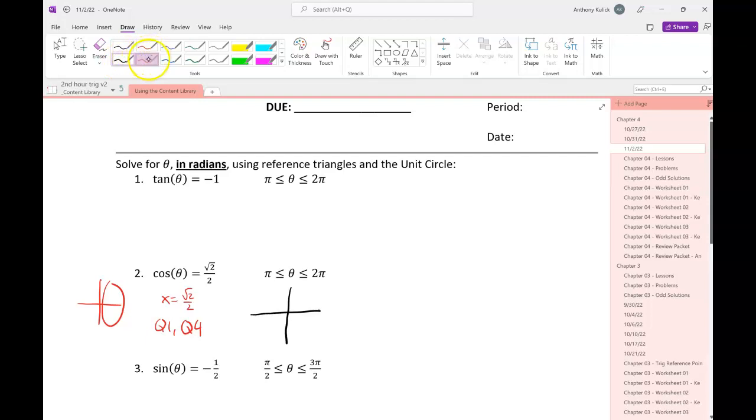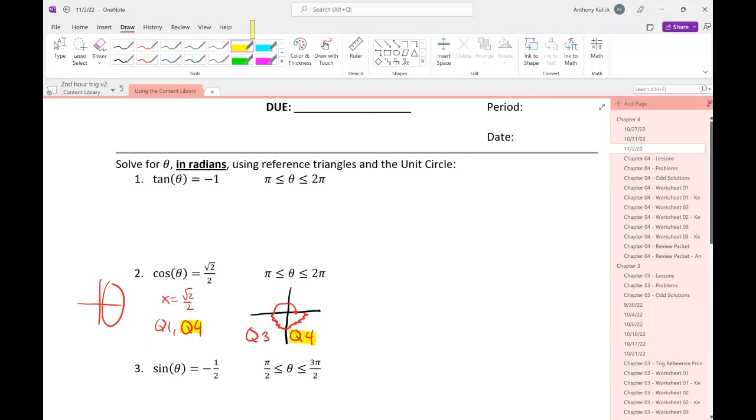Okay, let's look at the quadrants covered by pi to 2 pi. Starting from the positive x-axis and rotating counterclockwise, half, 1, 1.5, 2. So that covers quadrants 3 and 4. Where's my answer going to be? Quadrant 4. Everybody's cool?